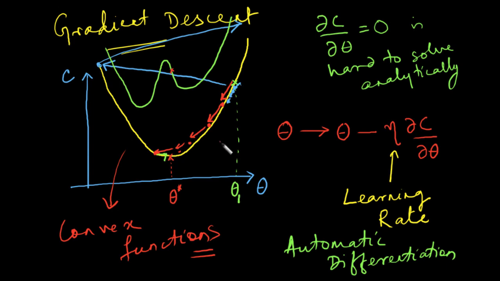But there are some algorithms where you may need to use an adaptive method for estimating learning rate. So these are further complications over gradient descent. What I showed you is the simplest implementation of gradient descent, but of course there are more complicated implementations which we will briefly see in future videos.